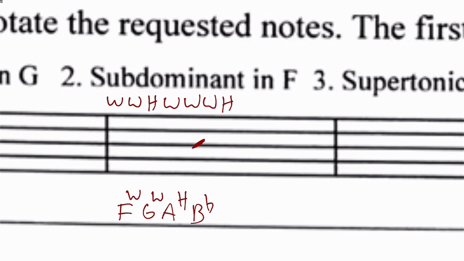There we go. Now it's a half. So I need a B flat. I need to go up here. And then B flat is my subdominant in F, or my fourth note in F. 1, 2, 3. Here's my fourth note, or subdominant.